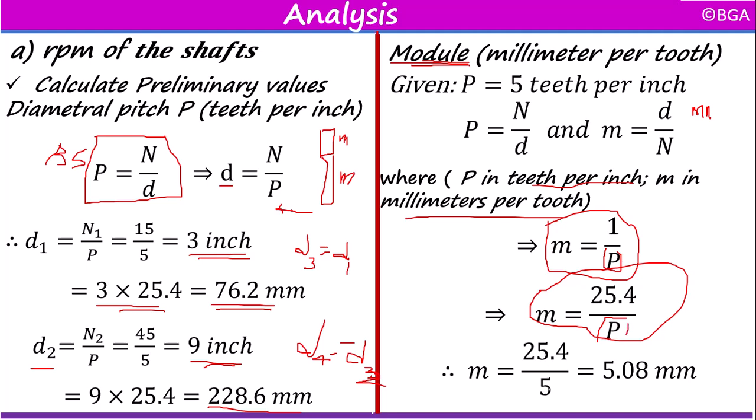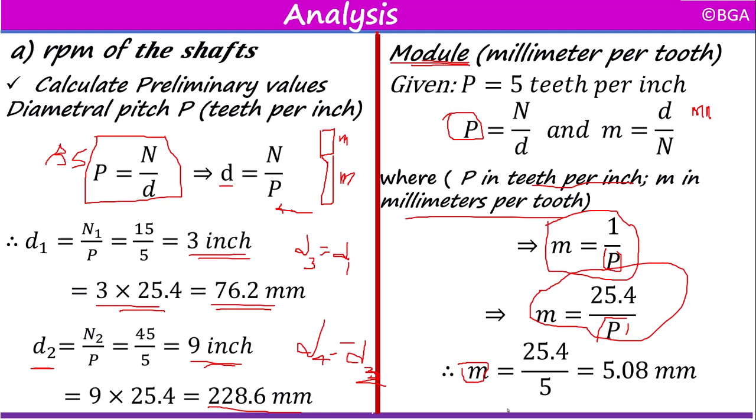If you divide 25.4 by 5, you get the module of the gear teeth to be 5.08. So here m is the SI measure of gear tooth size, and this capital P is the British system of gear tooth size. This is how we specify gear tooth size in the British system, and this is how we specify it in the SI system.